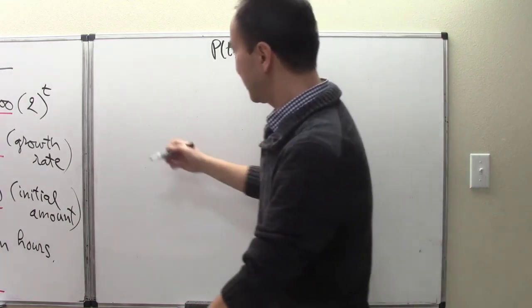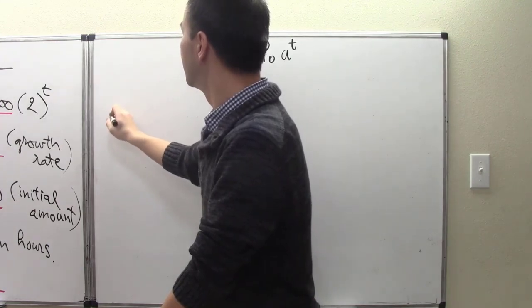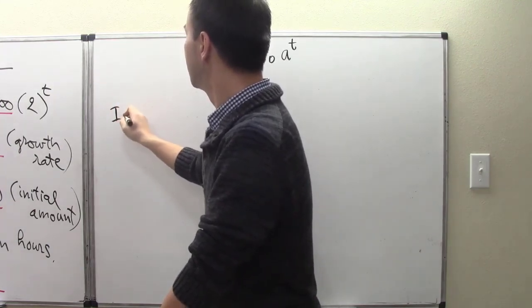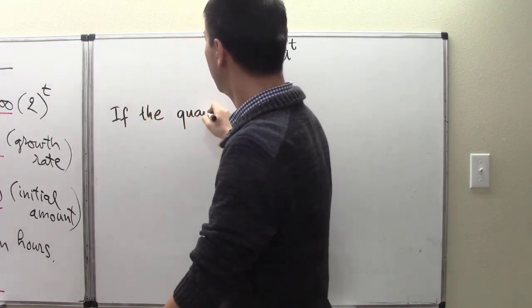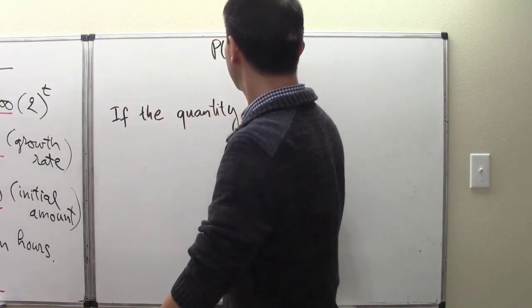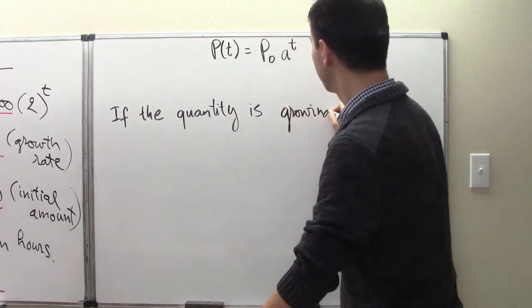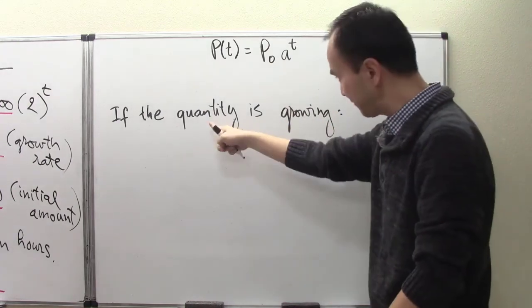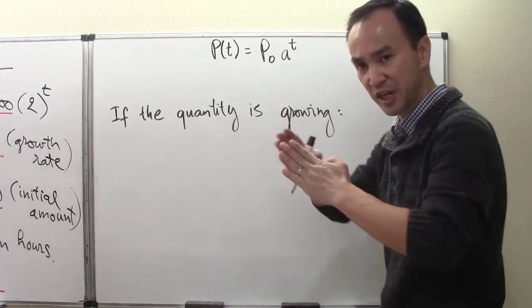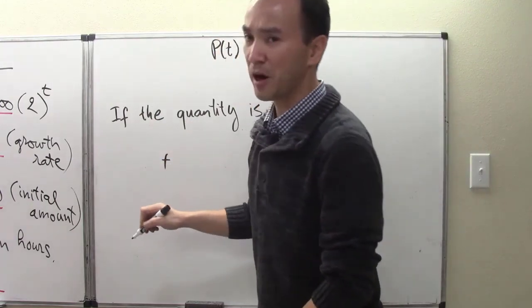But then there's a time when the quantity is growing, okay? So this is exponential. And now specifically, if that quantity is growing as time goes on, then here's some correspondence right here.